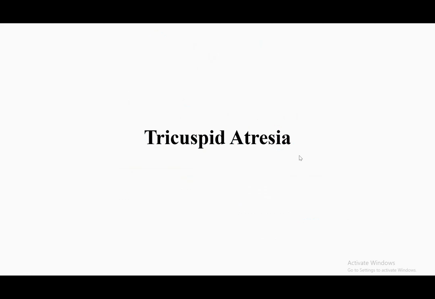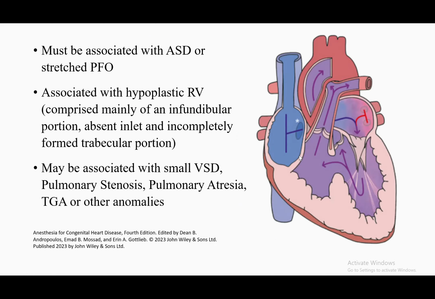Now we'll talk about tricuspid atresia. Of course, the venous return from the vena cava must pass through an ASD, so these patients are ASD dependent. Then blood flows to the left ventricle, and then there must be a VSD, and then blood flows to the lungs, associated with a hypoplastic RV.